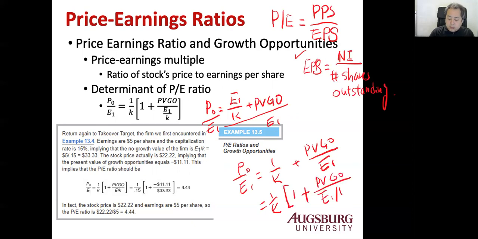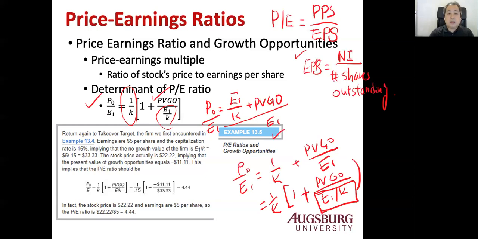This E1 divided by k is the no growth opportunity stock price, right? So the determinants are, first, the required rate of return, obviously. Second, the present value of growth opportunities, so growth opportunity itself, and third, the no growth opportunity stock price.